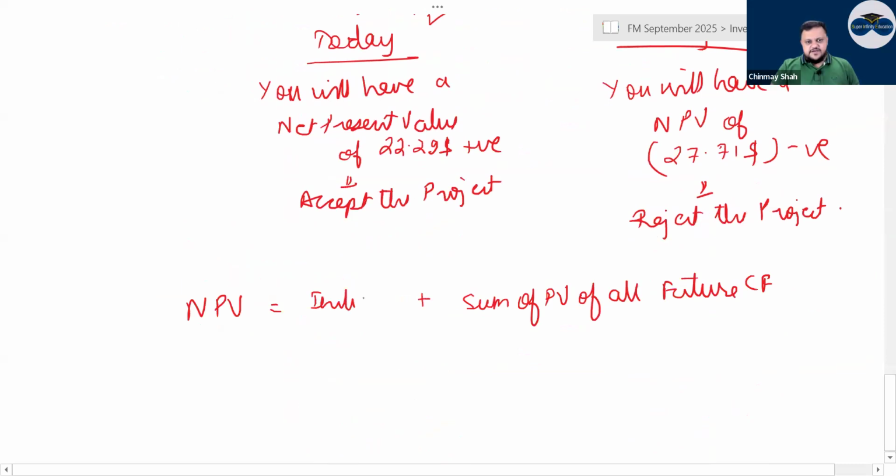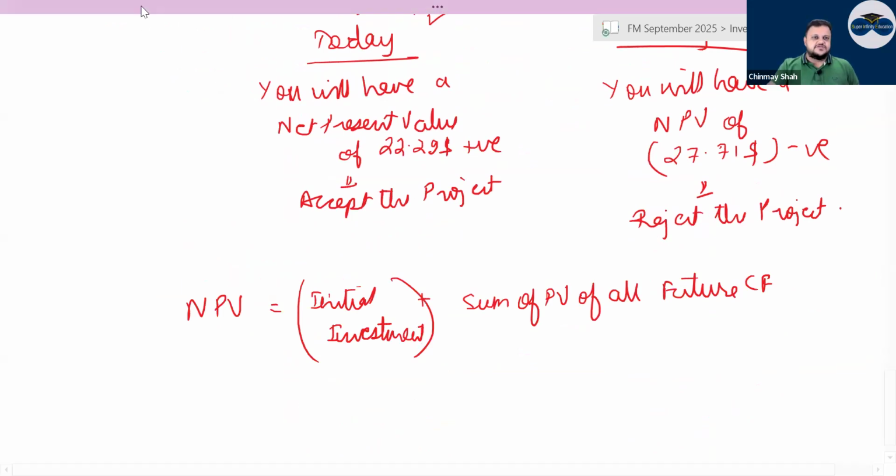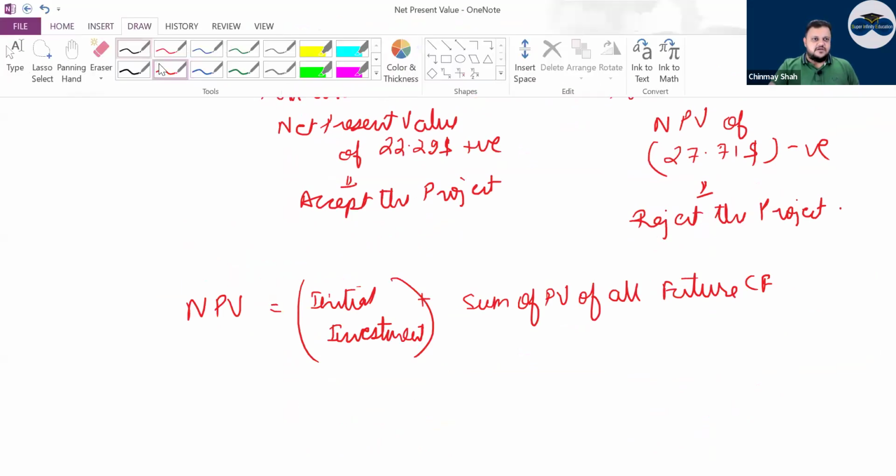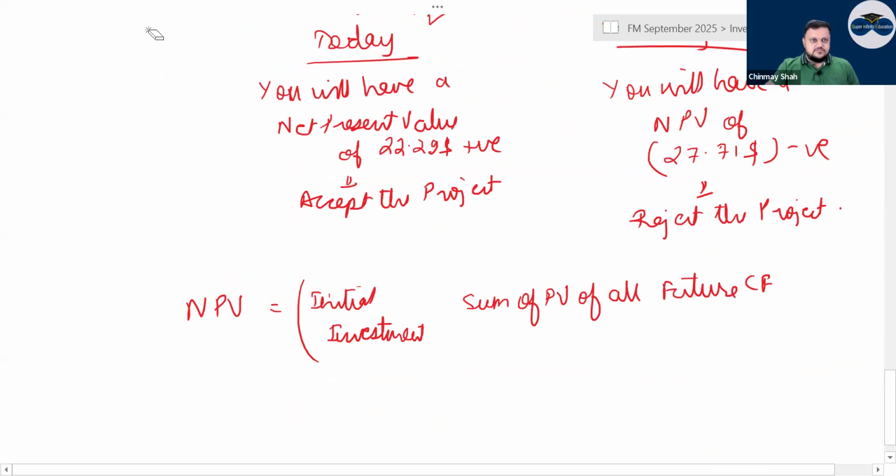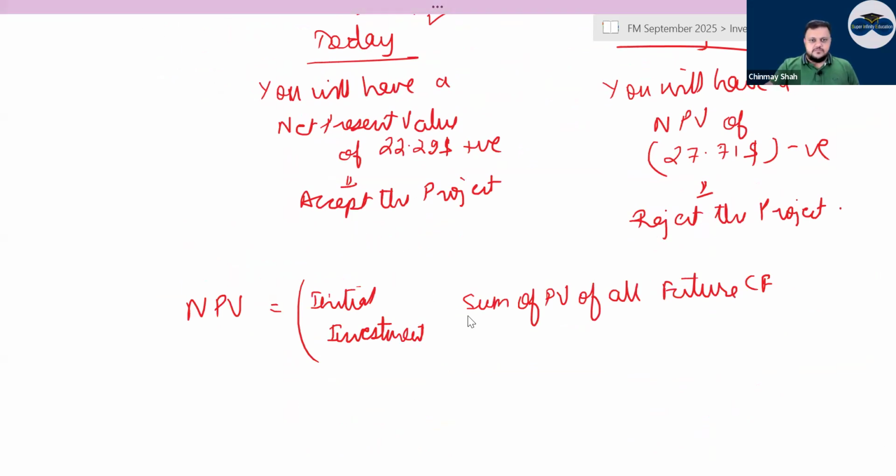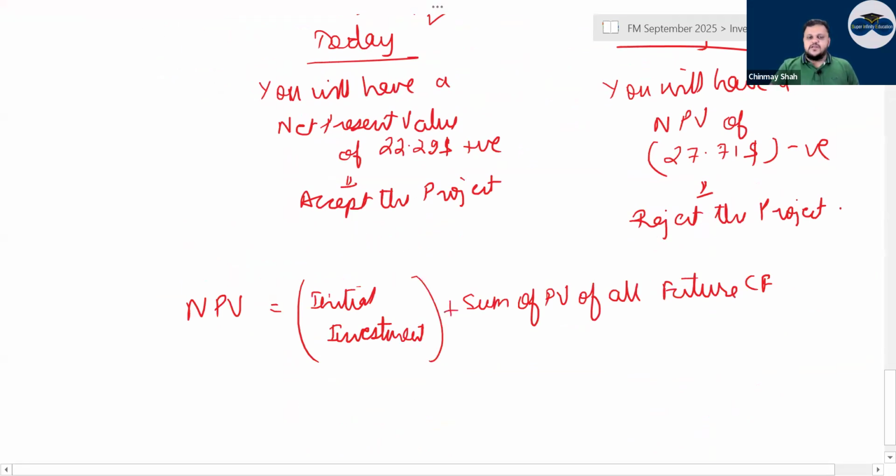So can I say negative initial investment? I'm putting it in brackets because it is negative, right?